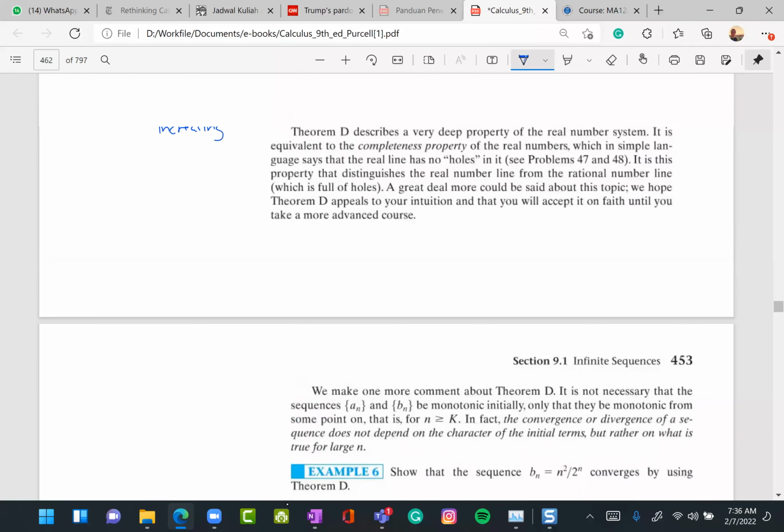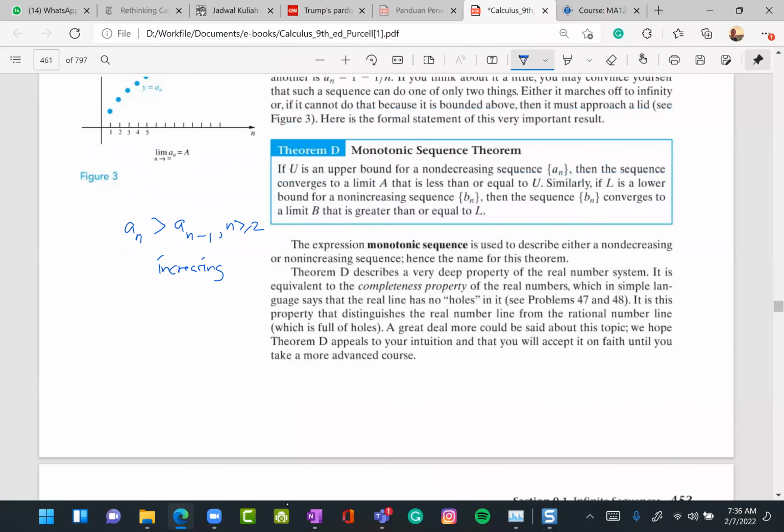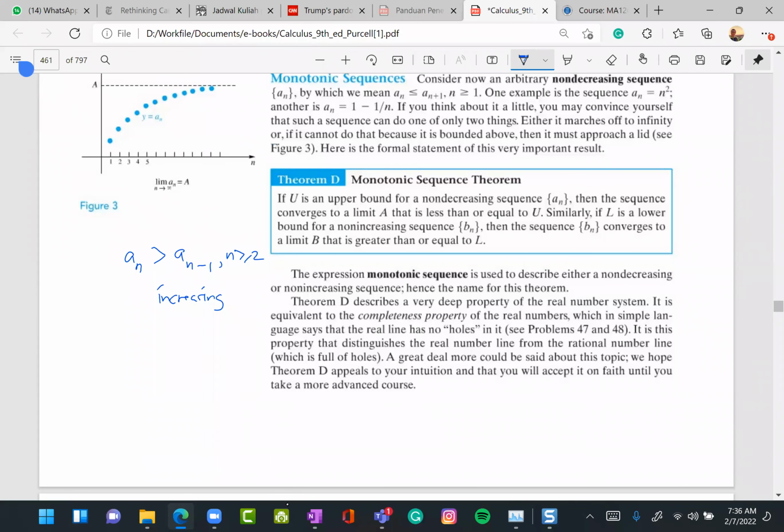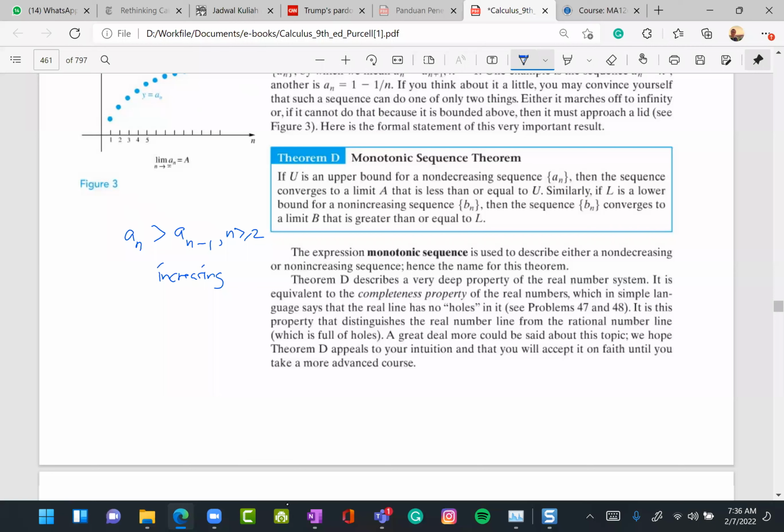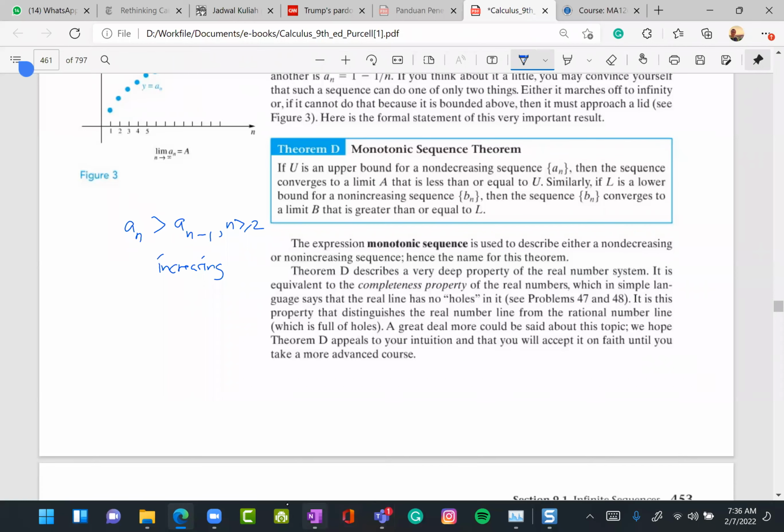All right. And the important thing here is that if we have a monotonic sequence and bounded, then it converges. Okay, so let me write this down because this is an important fact.